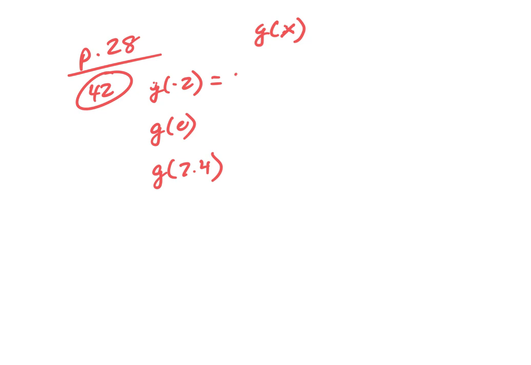So all we have to do here is say 4. This is just another way of rewriting this ordered pair. Negative 2, 4 is the same as g of negative 2 equals 4. This is my input, this is my output. There is no equation to plug it into, so we can't do it that way.